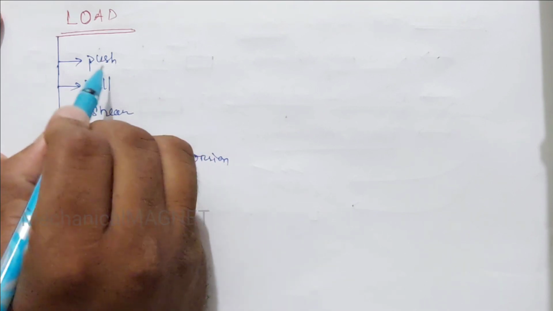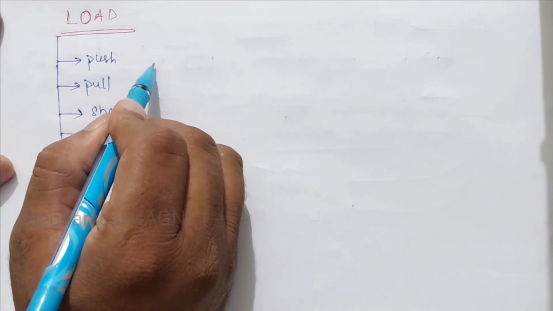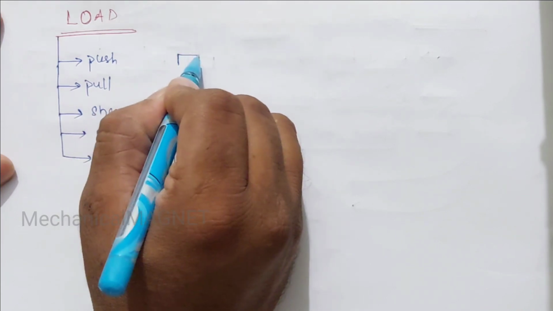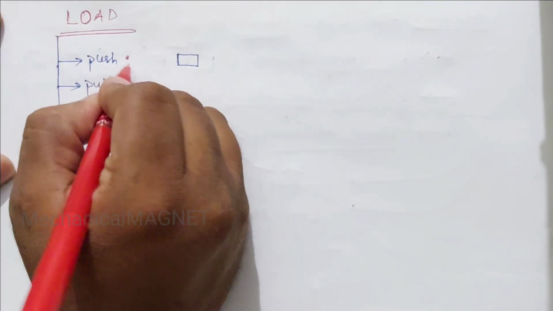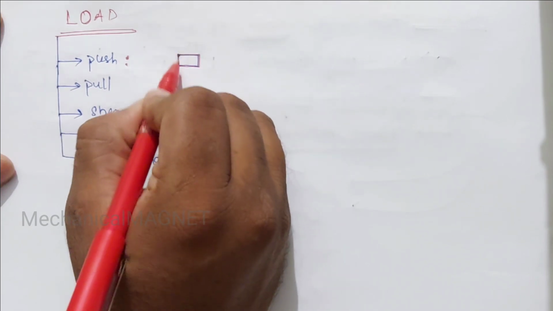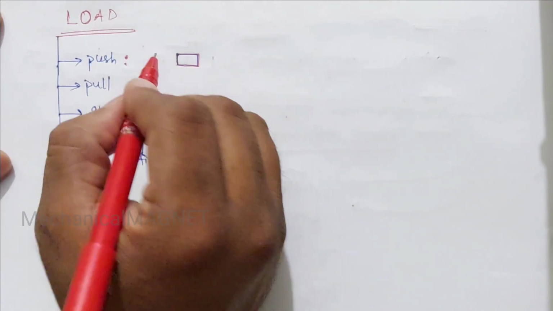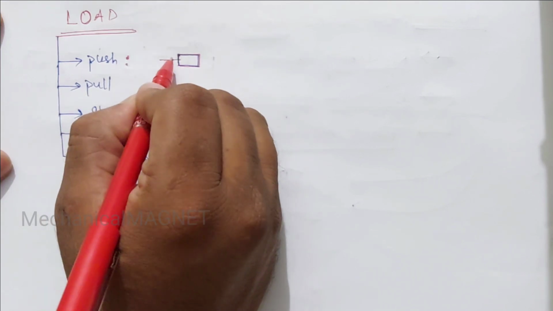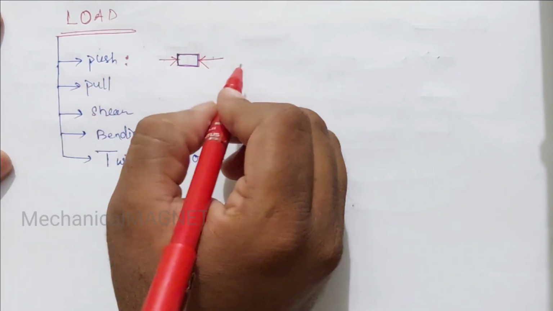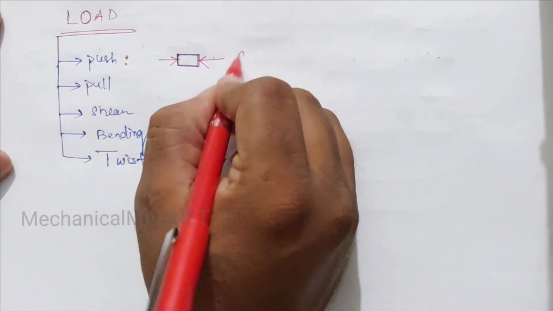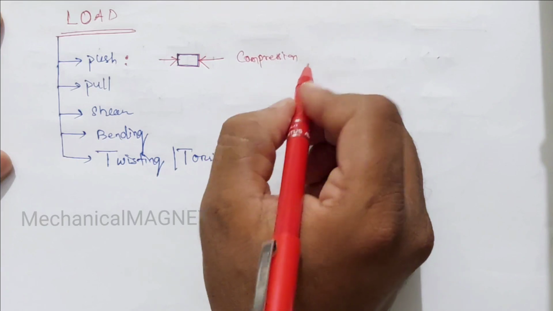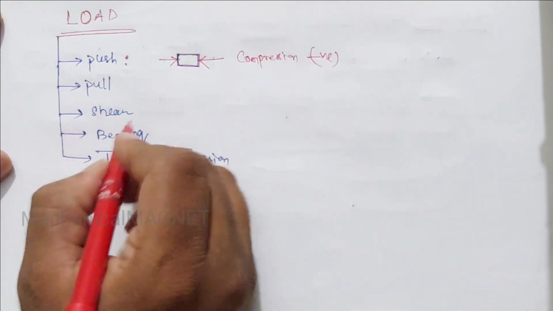Okay, so what is the push load? Push load means if this is a body, when you talk about the push load, you can see this is a body, and when you apply load like this, this is one type of compression load, or this is the negative, we can say.